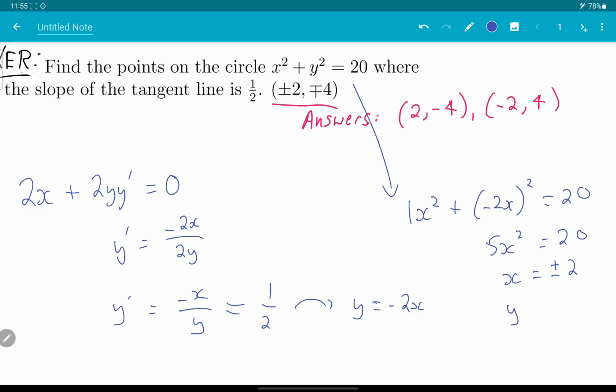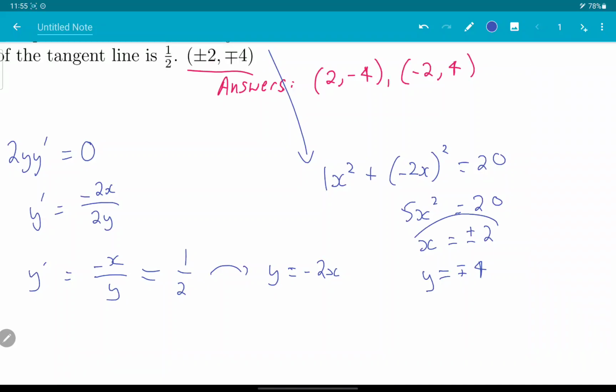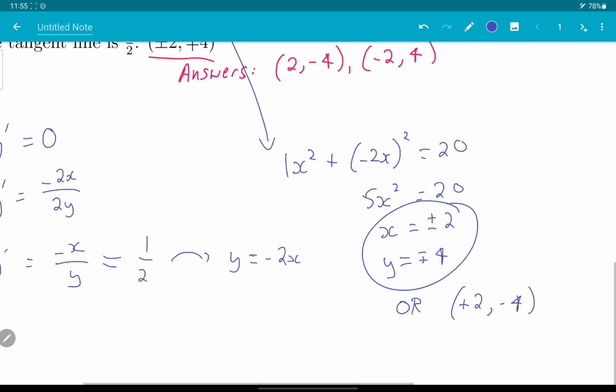And then the y is given by this equation. So the sign changes, so I get a minus here. So I get minus plus 4. Okay, another way to interpret this is 2 points. I got plus 2 is going with minus 4. And minus 2 is going with plus 4.